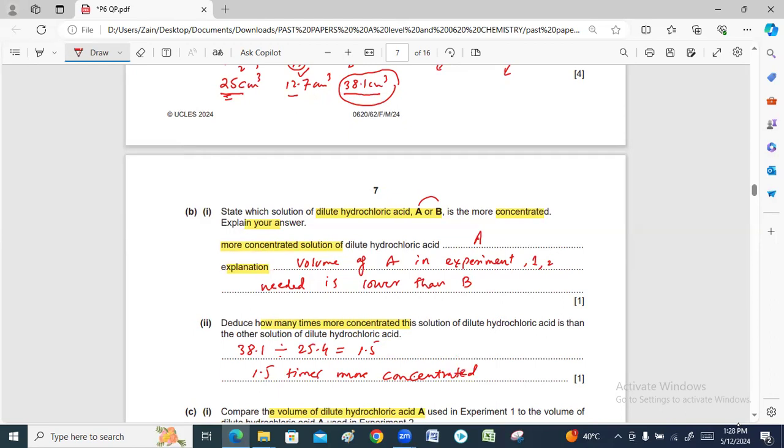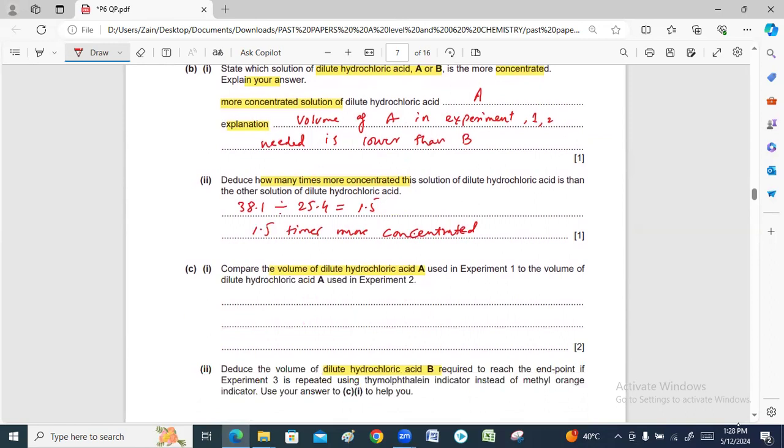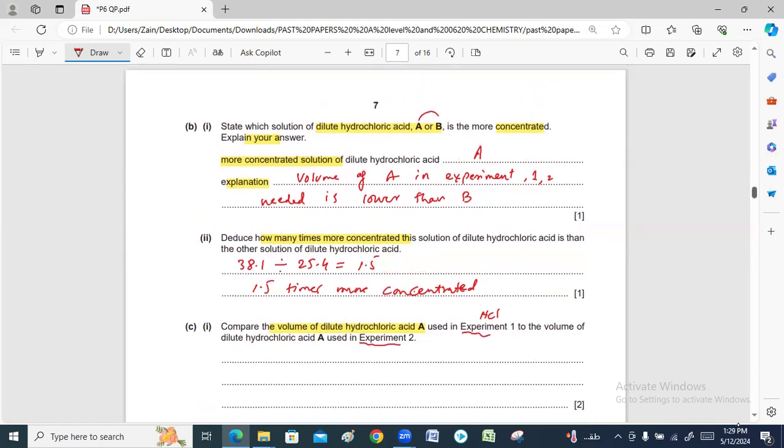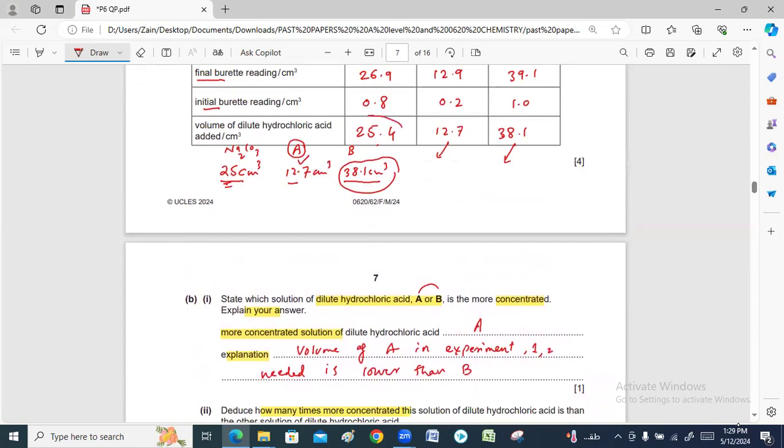Okay. Now, the next part is to compare the volumes of dilute hydrochloric acid used in experiment 1 to the volume of dilute hydrochloric acid used in experiment 2. So experiment 1 and 2, in both these experiments, the HCl is used, and both these experiments are A. So let's look at the volume. These two volumes are 25.4 and 12.7.